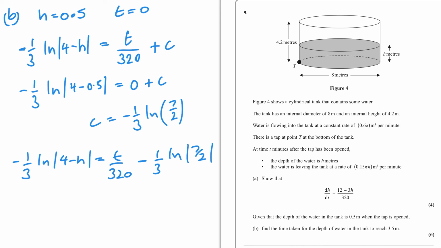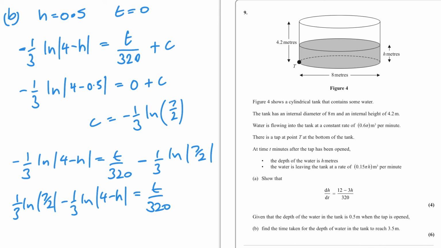Now I'm going to take the logs to one side. Shouldn't really matter which way around I do this, but let's just go for it. So 1/3 ln 7 over 2 minus 1/3 ln 4 minus h equals t over 320.